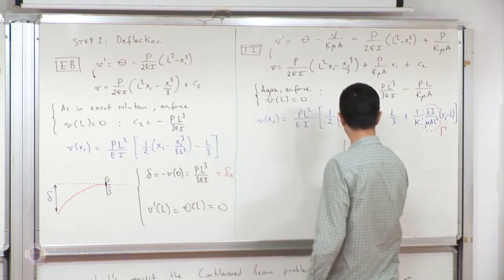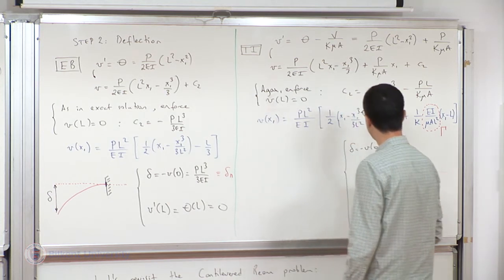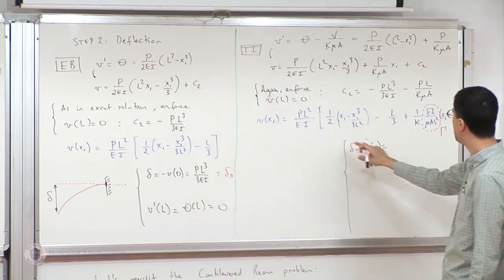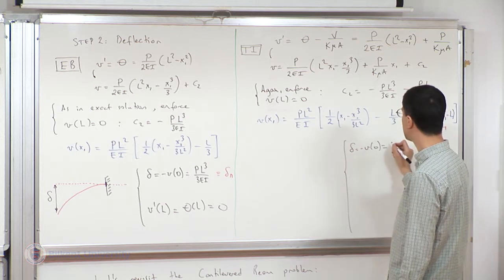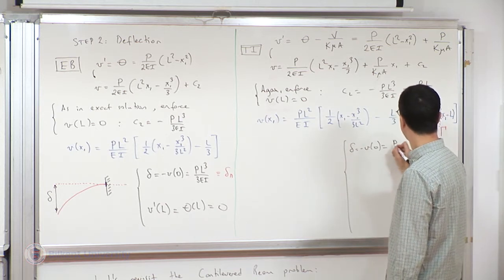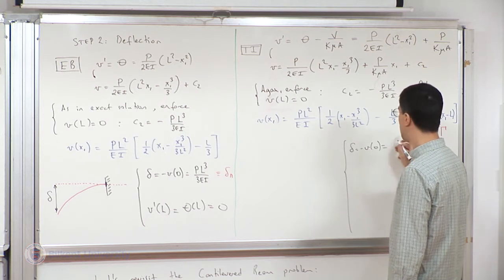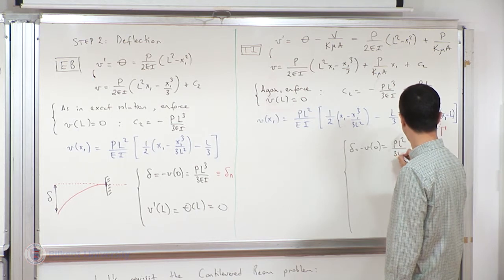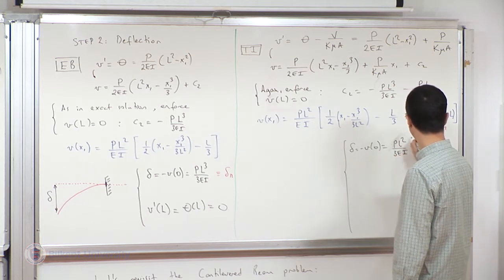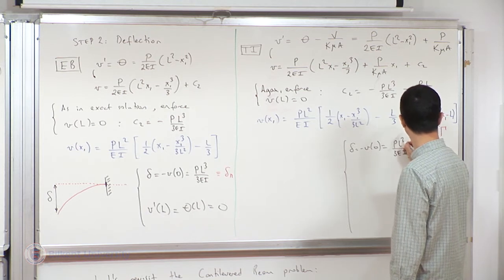So delta, minus V of 0, in this case, is equal to, I'll write it in two different ways. First, we can write simply PL cubed over 3EI.